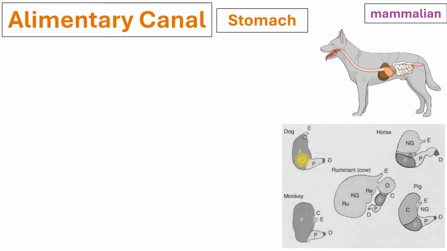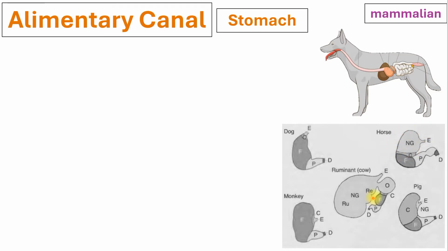Okay, and then depending on the animal, it can either be extensive or smaller, such as in your horse and pig. And then, of course, for your ruminants, you would also have your additional non-glandular areas here and here. In the horse, it's just termed as non-glandular.